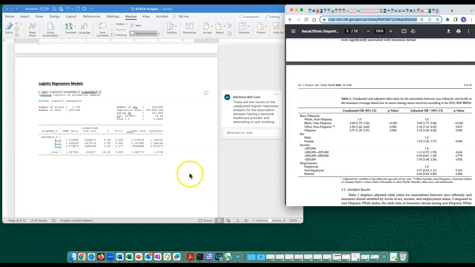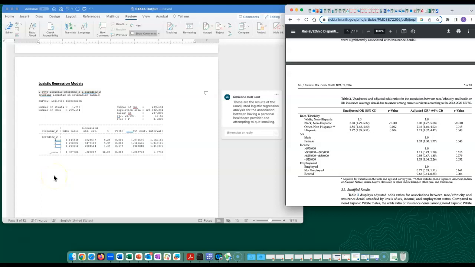So to interpret this, remember, we have values of 0, 1, 2, and 7 for this pers.doc2_2 variable. This is having a personal healthcare provider. The zeros don't appear on this output because that's the reference group.